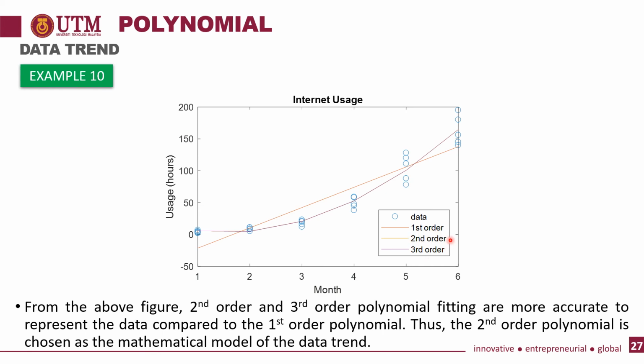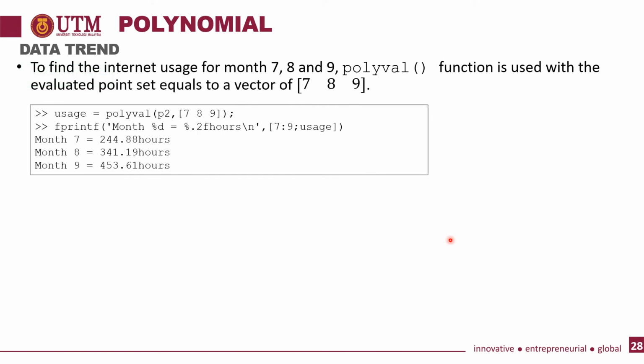To find the internet usage for months 7, 8, and 9, the question also asks you to find the internet usage for those months. So the polyval function is used with the evaluated point set equal to a vector of 7, 8, and 9.